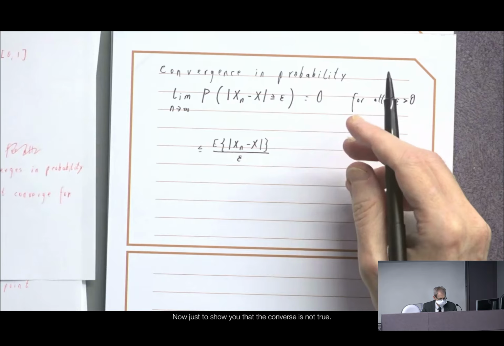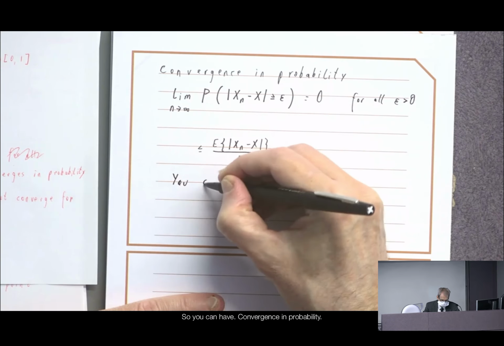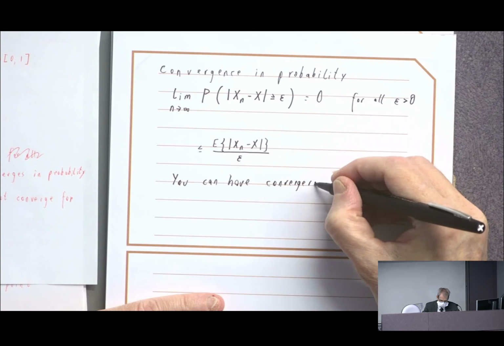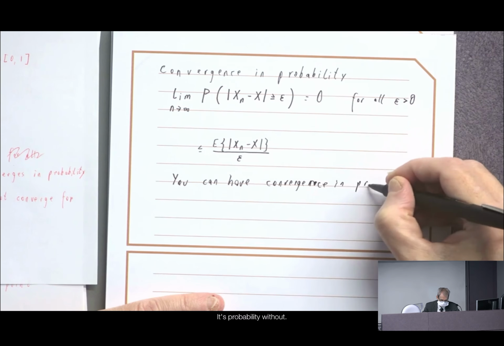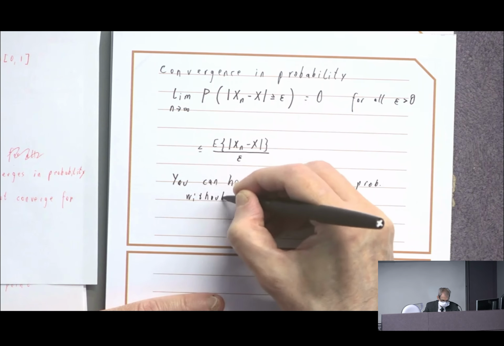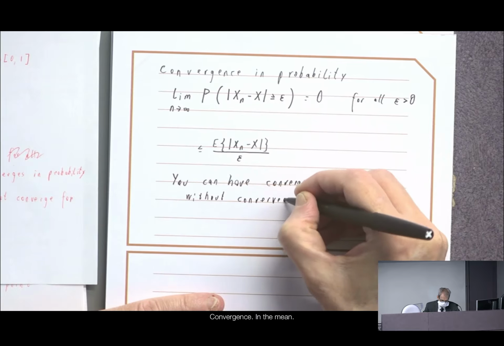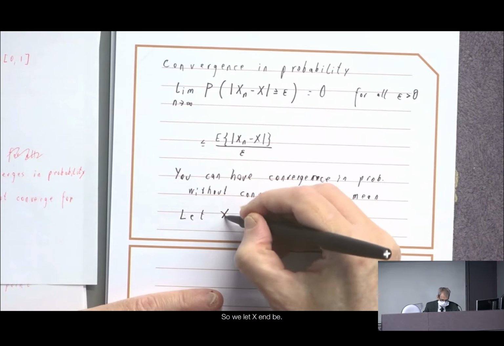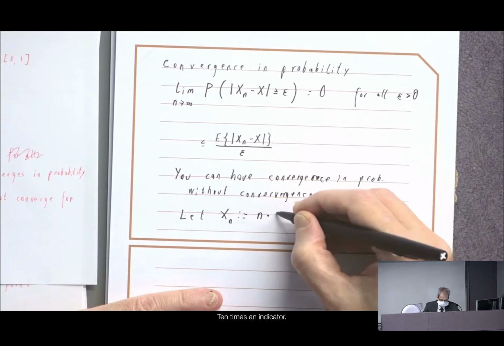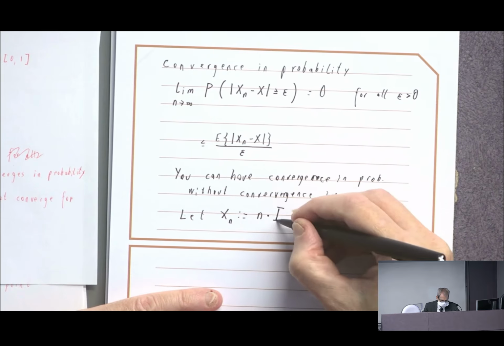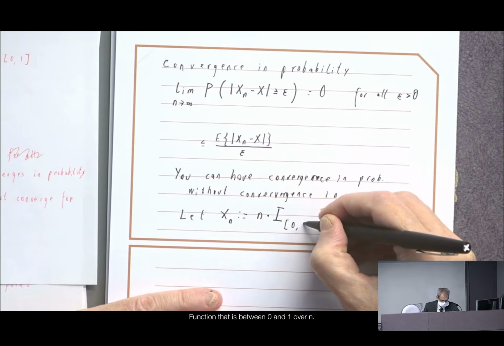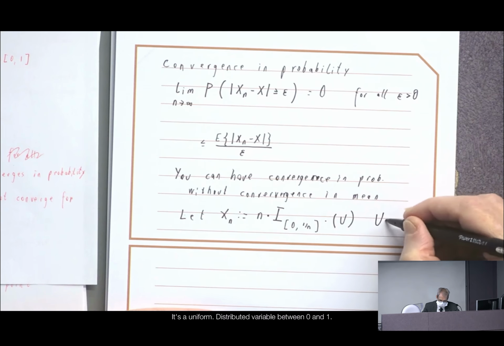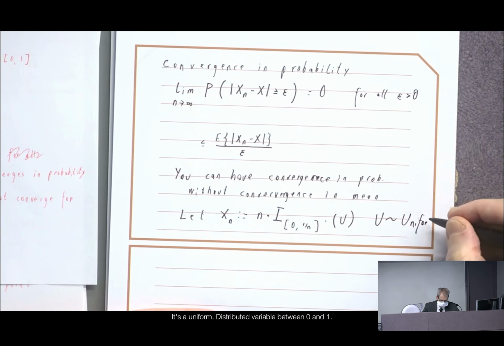Now, just to show you that the converse is not true, so you can have convergence in probability without convergence in the mean. We let Xn be n times an indicator function of the interval between 0 and 1 over n, of a uniformly distributed variable U between 0 and 1.